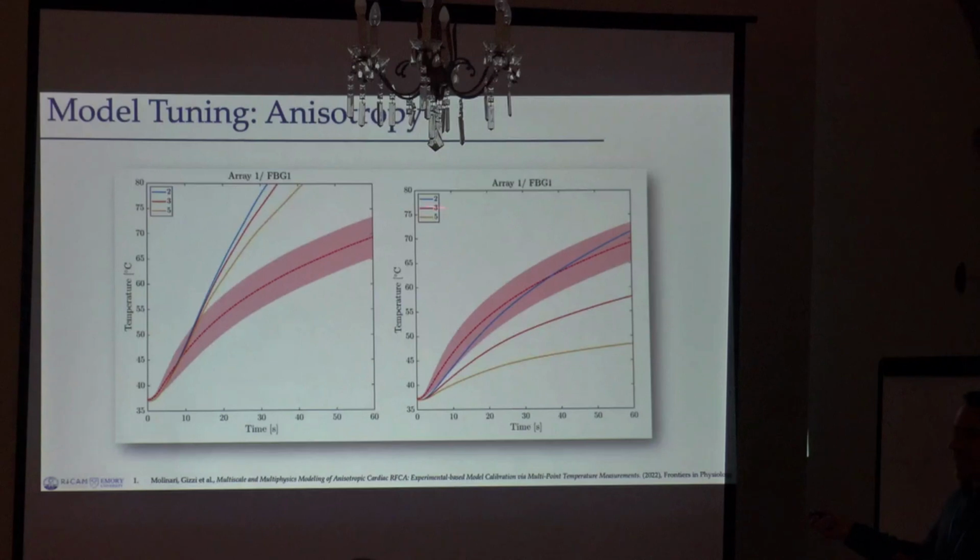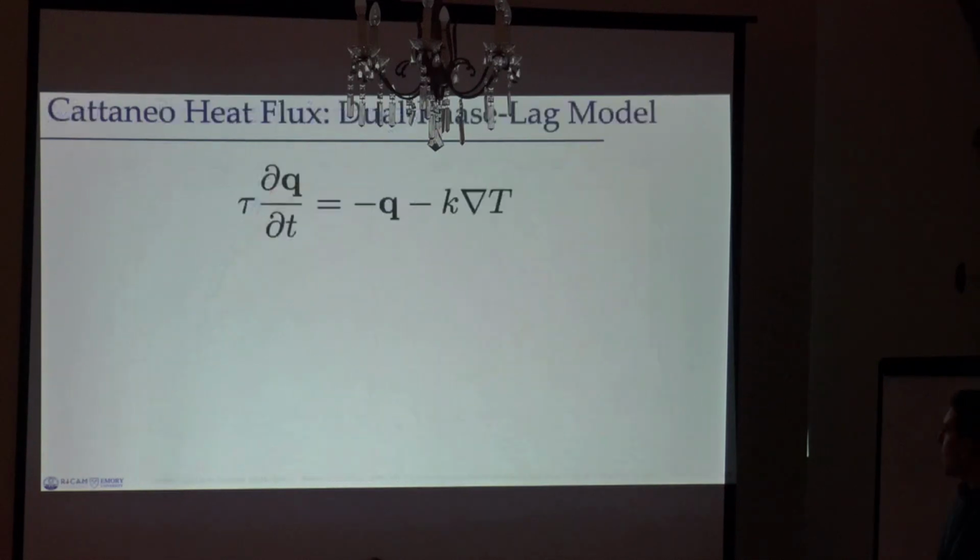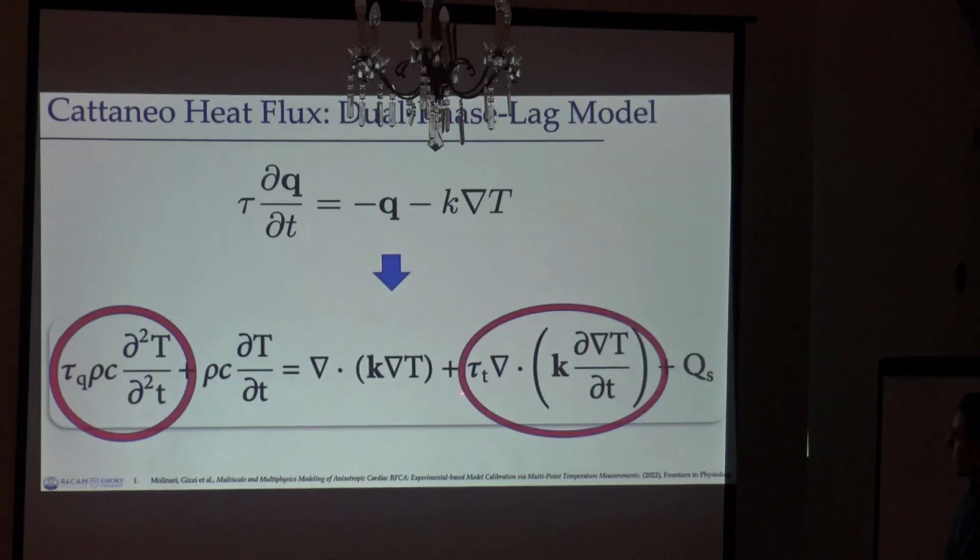This is just a classical Fourier model, and we are not matching the experiments. So we said, what's going on here? Probably we need something more, and probably we need a Cattaneo formulation with a generalized heat flux. And this, in fact, was the case.